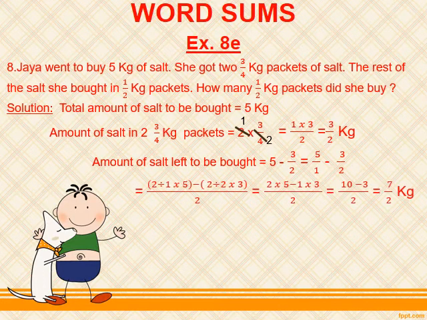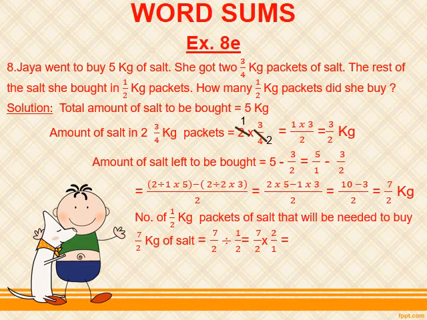So we can write 2 divided by 1 multiplied by 5 minus 2 divided by 2 multiplied by 3 upon 2, right? According to the formula that we have learned in the previous exercise, and this in turn is equal to 2 multiplied by 5 minus 1 multiplied by 3 upon 2, which is equal to 10 minus 3 upon 2, which in turn equals 7 by 2 kg.